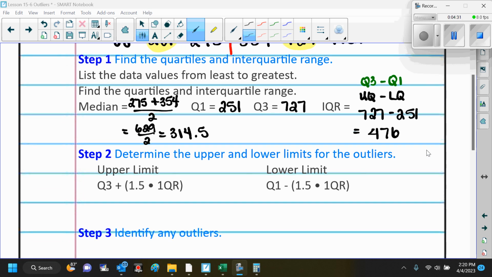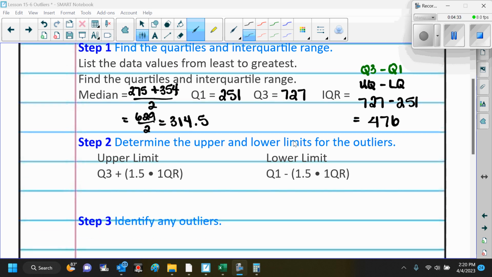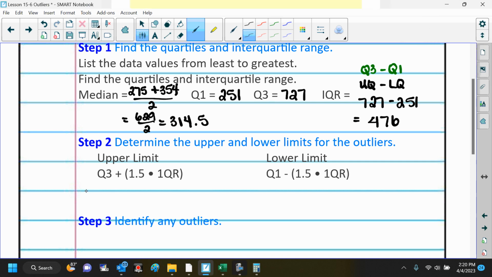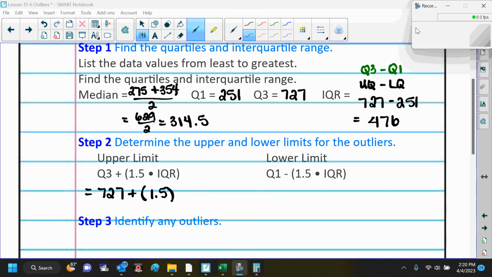Now step 2 is to determine the upper and lower limits for the outliers. Here are the formulas. For the upper limit, we're going to take Q3, which is 727. Remember, these are the formulas. Now we substitute. So this is 727 plus 1.5 times the IQR, the interquartile range, which is 476.